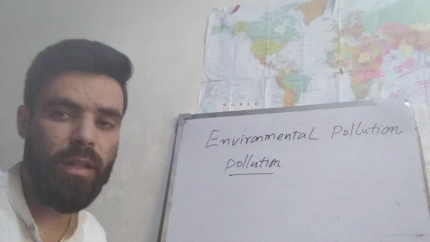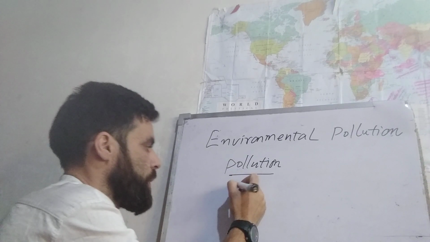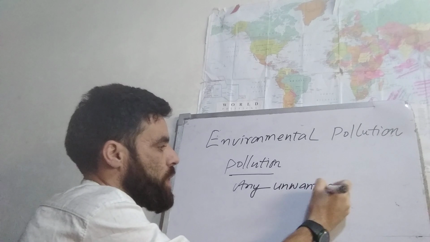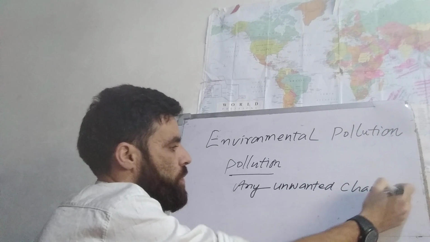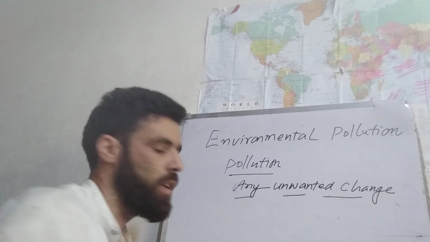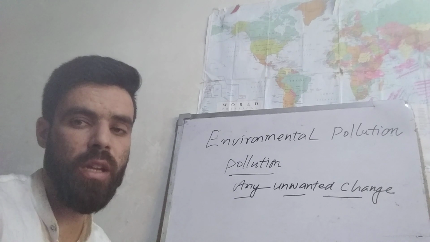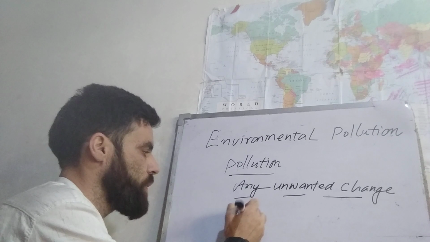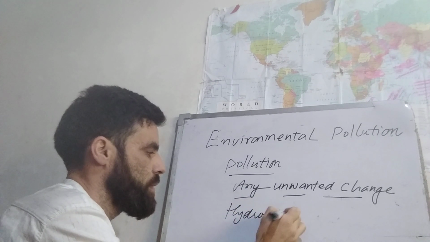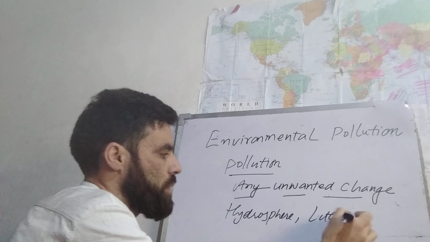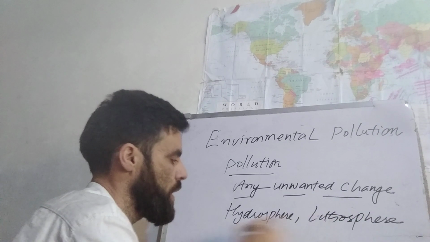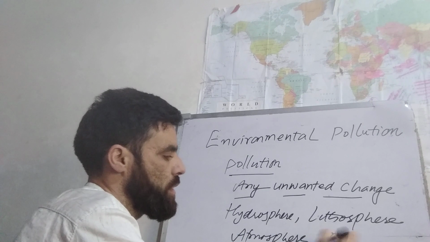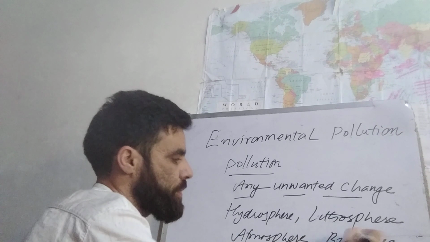If we take a look at the word pollution, it means any unwanted change. Any unwanted change that takes place in all the components of the environment, that is hydrosphere, lithosphere, atmosphere, and biosphere.